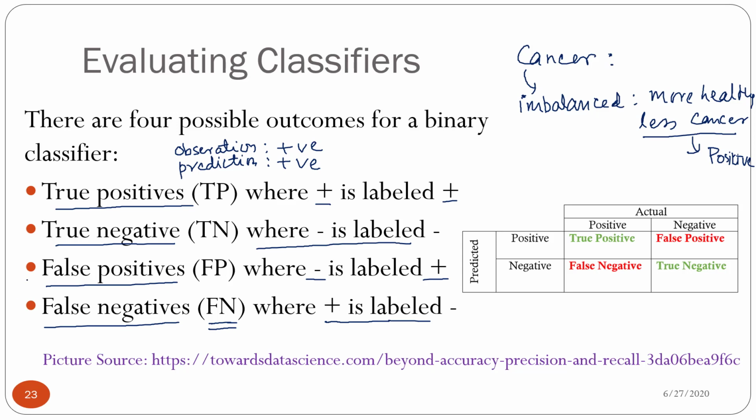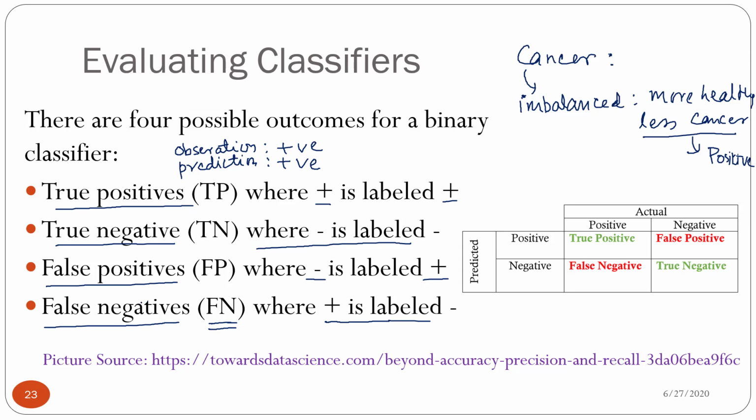These two things, false positive and false negative, are the numbers which will go against the performance of the classifier. So we want higher true positive, we want higher true negatives, but we want lower false positive, and we want lower false negative.